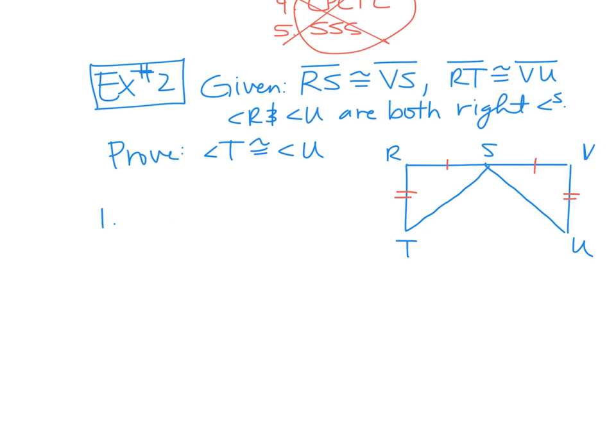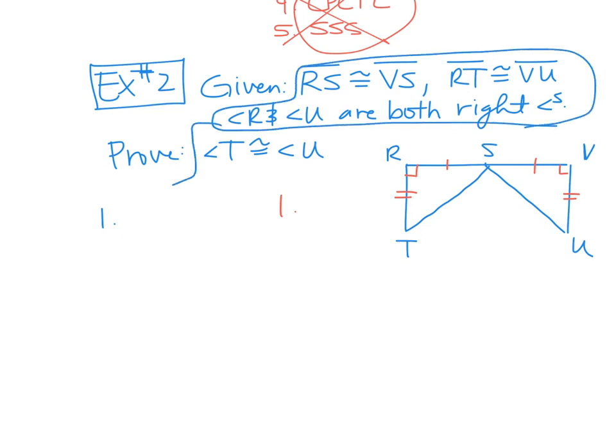And then R and U are both right angles. How do you mark a right angle? With a square. The little box with the little square in the corner. Okay, so that's everything that we know. So our first step is going to be all of the given information. So this is all going to go here, and we call it given.